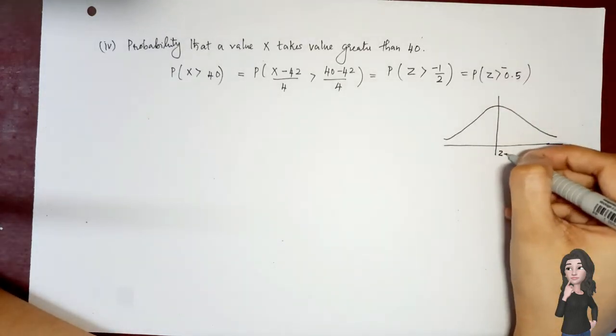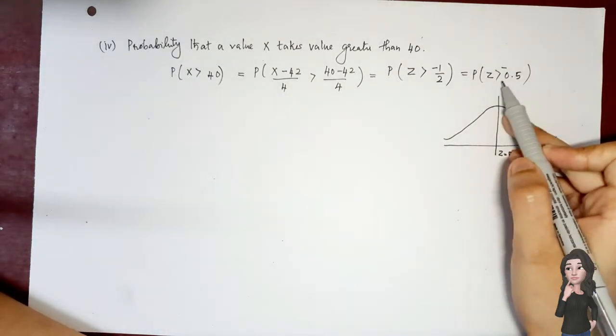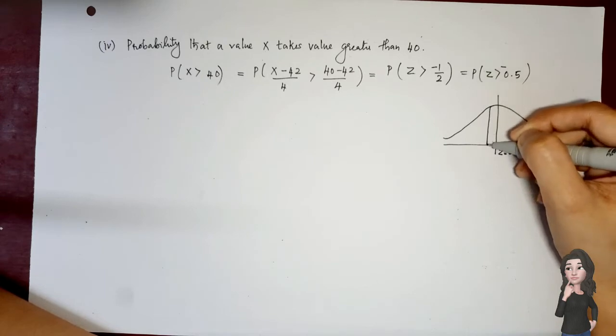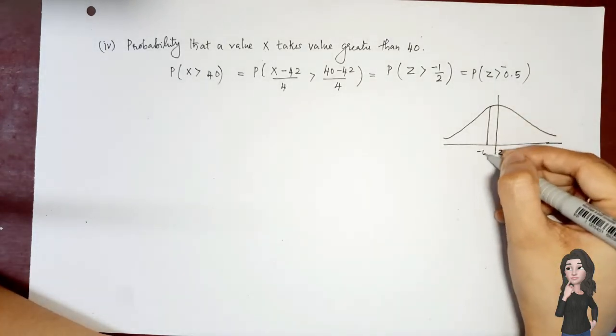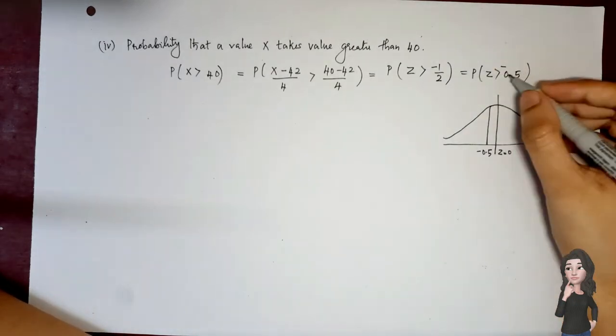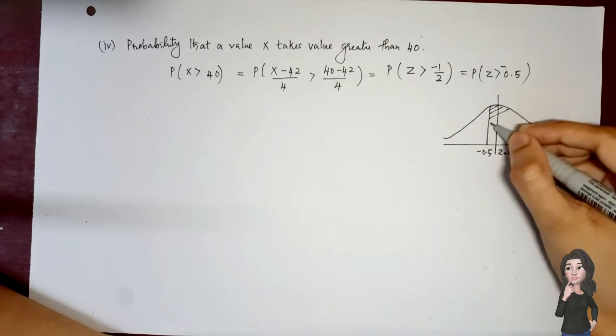normal curve. This is z equal to 0, and what I need is z greater than minus 0.5. So this is minus 0.5, and z greater than minus 0.5 means this is the area to be found.